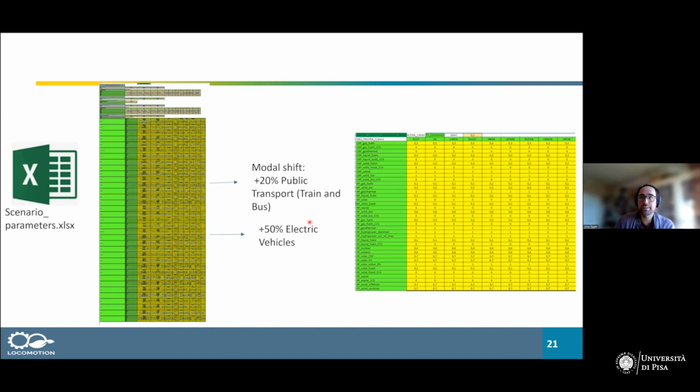And from the remaining individual transport or car transport, let's change the technology from internal combustion to electric vehicles, right? So the transport model is able to represent the modal share, the change of this modal share, and also different transport technologies.